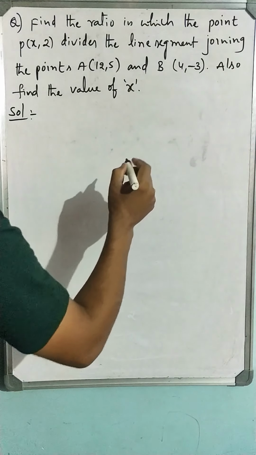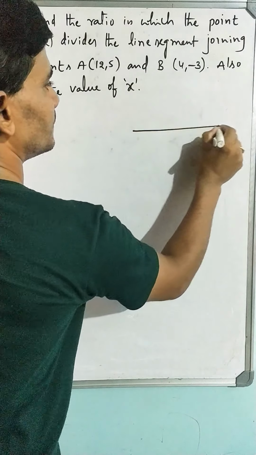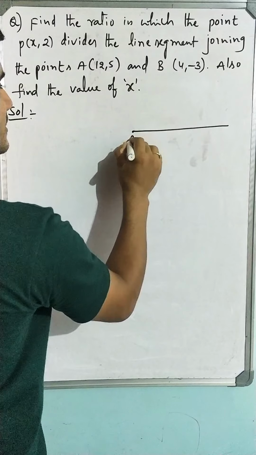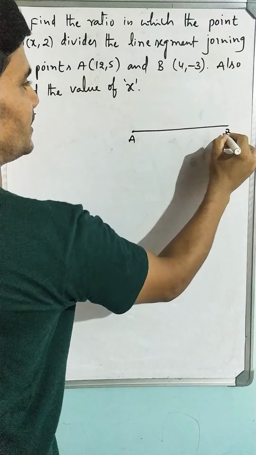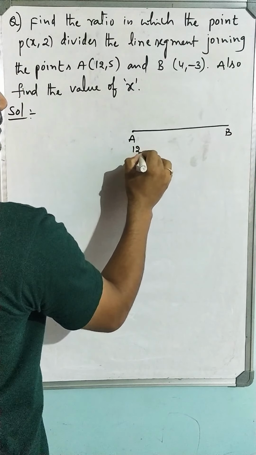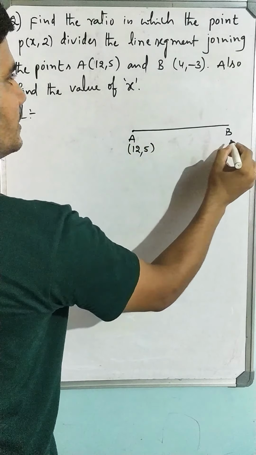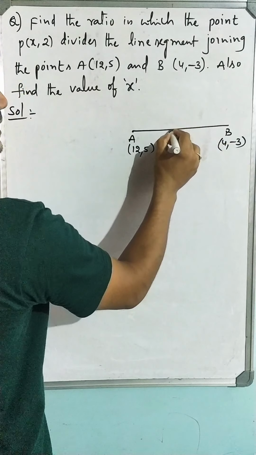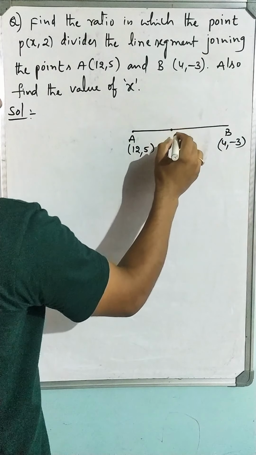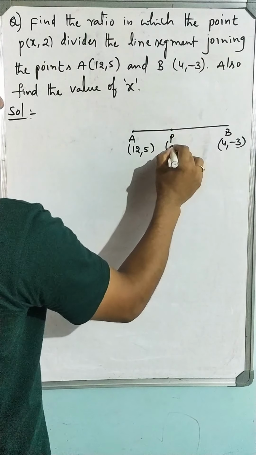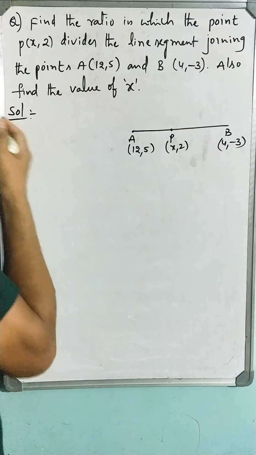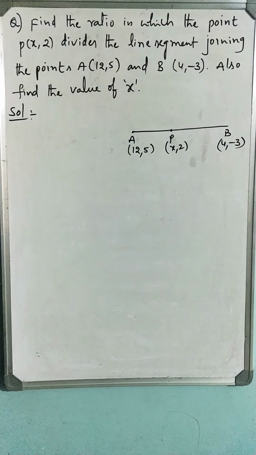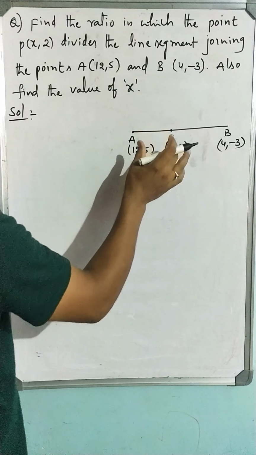Here you are given two points, named A and B: (12, 5) and (4, -3). There will be a point P somewhere, that is (x, 2), which divides this line segment.